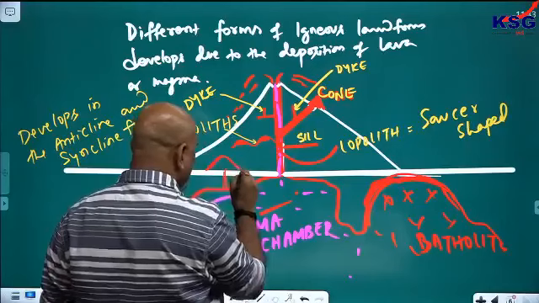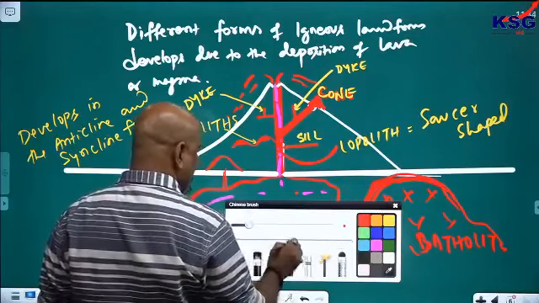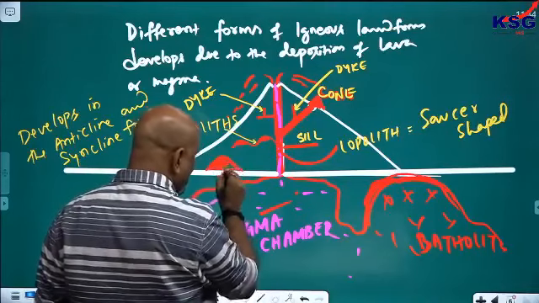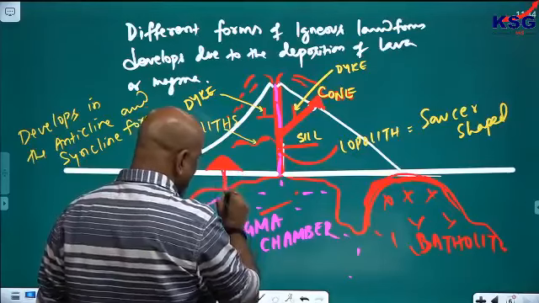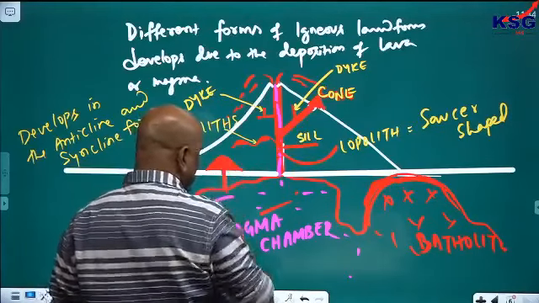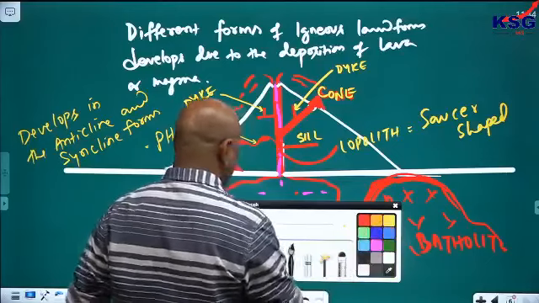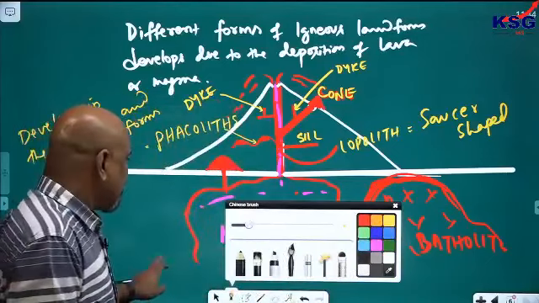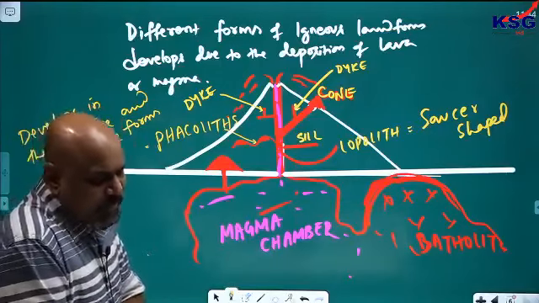Smaller intrusion like a blister, एक छोटा सा intrusion रहेगा, and in conical shape mostly from the lava itself it cannot come out. This type of rock features will also be found inside, known as laccolith.